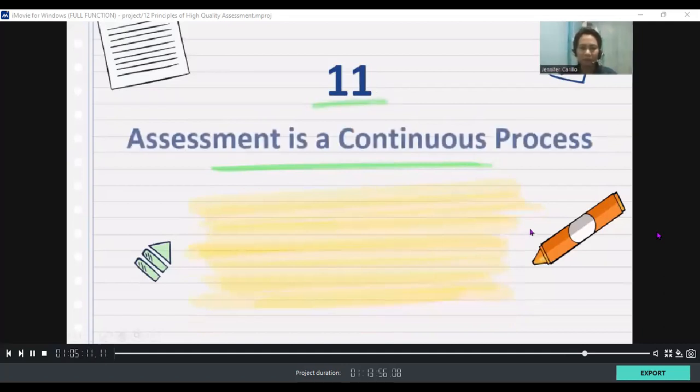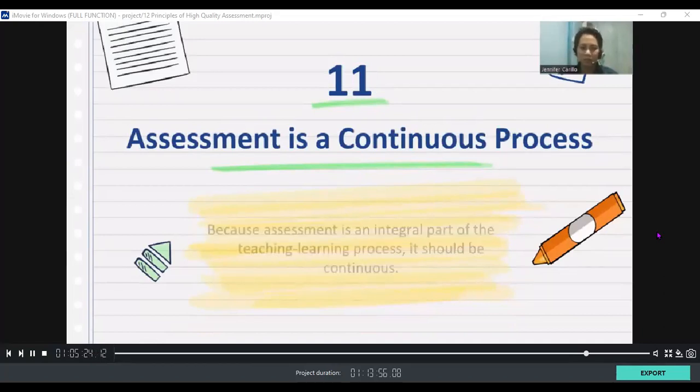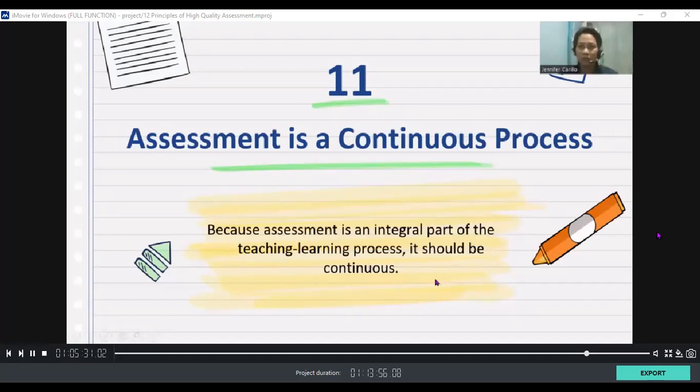11. Assessment is a continuous process. Same with learning. Learning is a continuous process. So since learning is a continuous process, so is assessment. Because assessment is an integral part of the teaching learning process, it should be continuous.